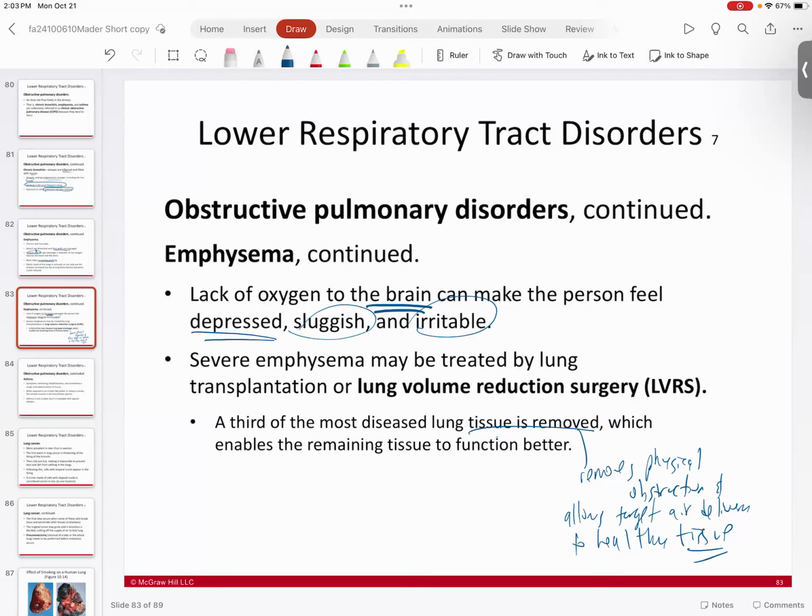I've seen patients who actually take the cigarette and puff it through their little tracheotomy. They're so addicted, it has such a hold on them that even this, they're still smoking through.